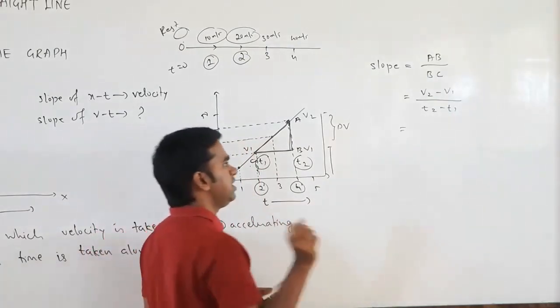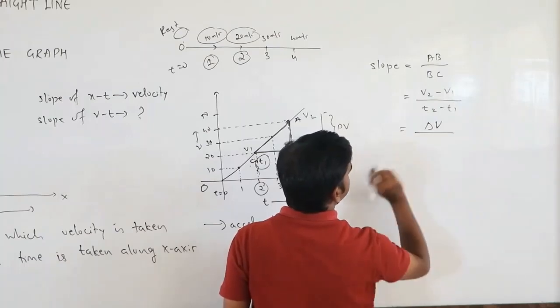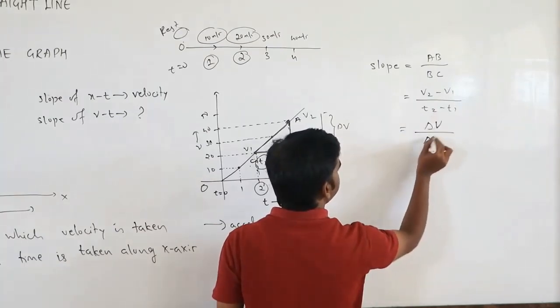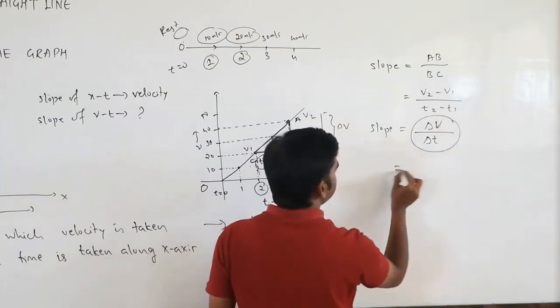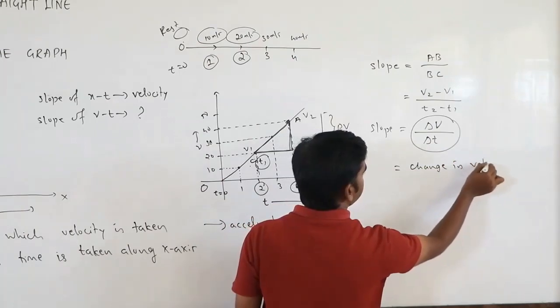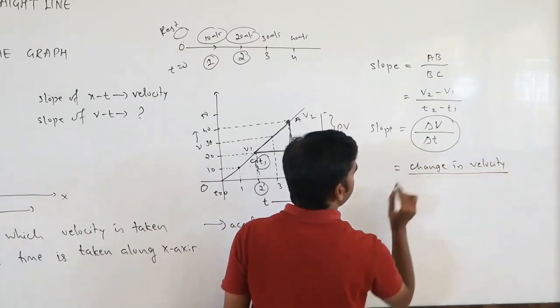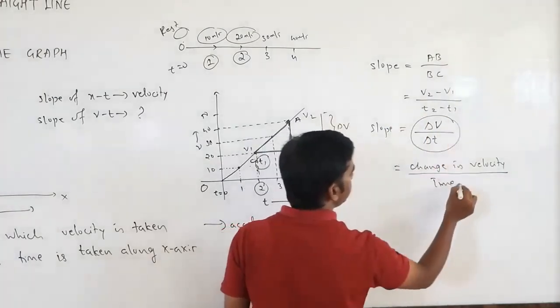If the velocity change is very small, I can write delta V divided by delta T, the change in time. So this is the slope: change in velocity divided by time taken. Delta T is the time taken to change from V1 to V2.